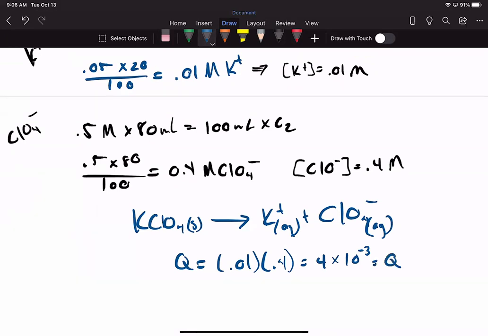Well, the KSP for this is 1.05 times 10 to the minus 2.